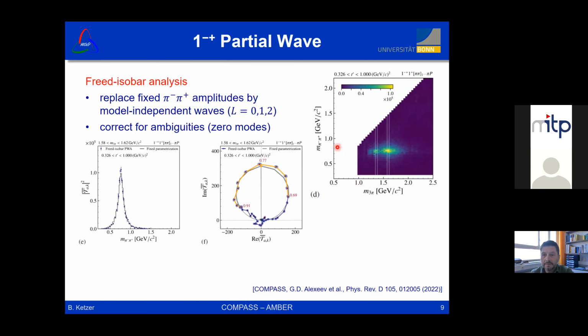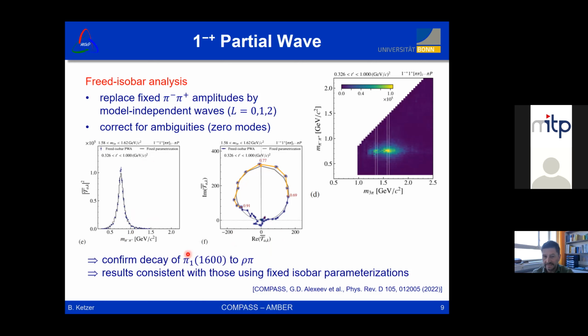If you make a three-pion mass cut along these two lines, so you just include events that are inside here, and then plot the two-pion amplitude from the freed-isobar analysis, you find these blue data points, and you compare them with the fixed parameterization that was used in the previous analysis, and you see that it fits rather well. Also, plotting real part versus imaginary part, you see a very nice Argand circle for the rho.